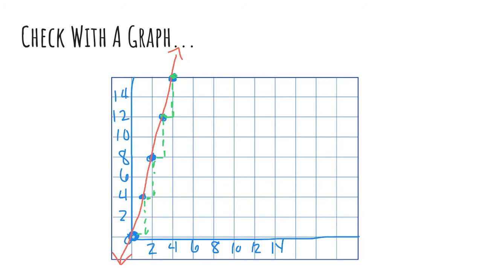Now in this case, I went down by 4 and to the left 1. Now that doesn't look like it matches, but let's think about that. If you have a negative on top and on the bottom, your negatives are going to cancel out, and that is exactly equal to 4 over 1, which is what I thought the constant of proportionality was going to be.